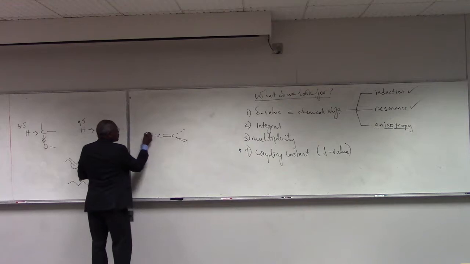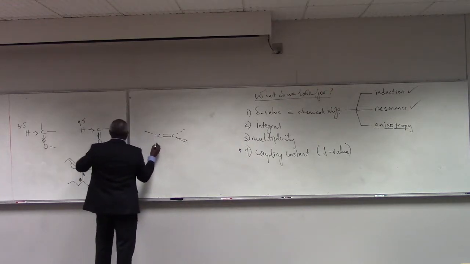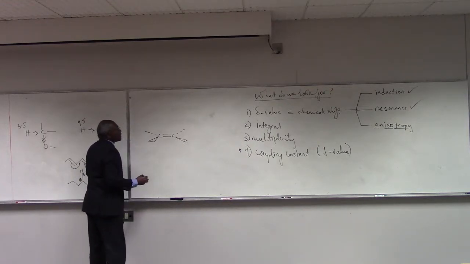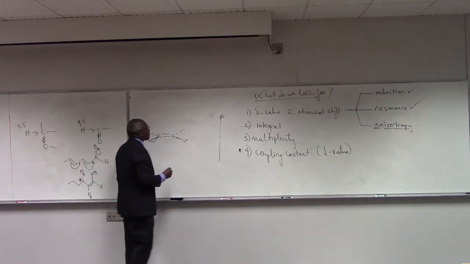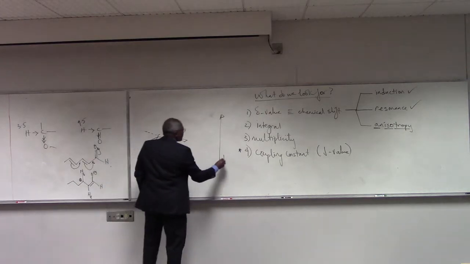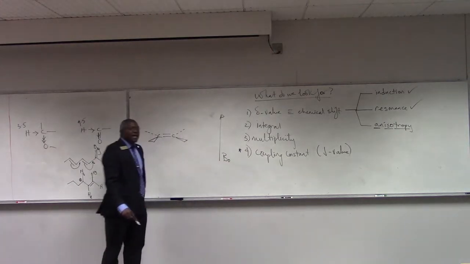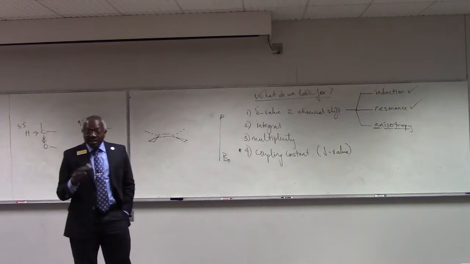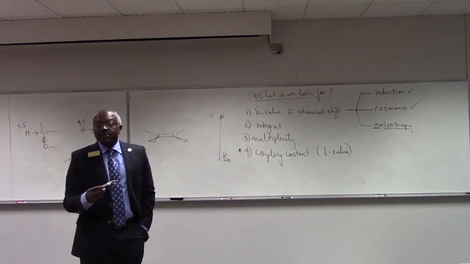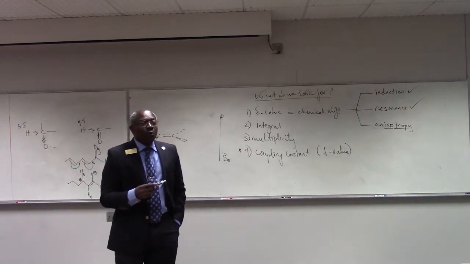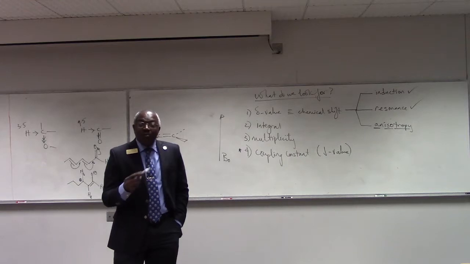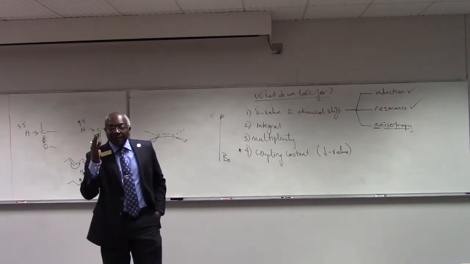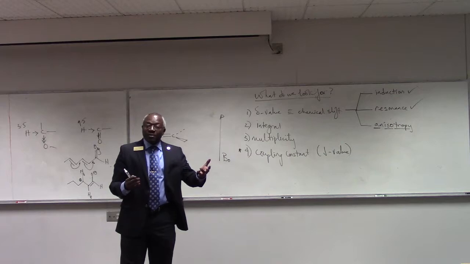This is true for C double bond O as well, and that gets back to the point I was making earlier. If I apply a field, so this is my B naught, the pi electrons, if you remember, they're more loosely held than sigma electrons. So those electrons are going to respond a lot more readily to the applied field than would sigma electrons.